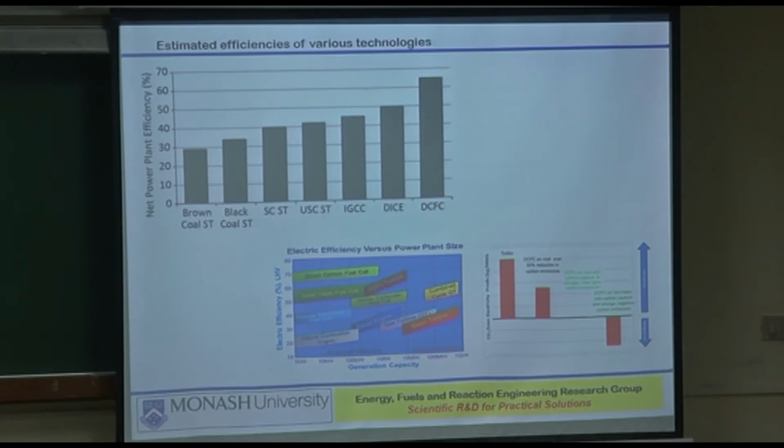If the overall ash content is high, then obviously DICE doesn't make any sense. But the understanding that they had is that Victorian brown coal, when it is dried, has only 2% moisture, 2% ash.